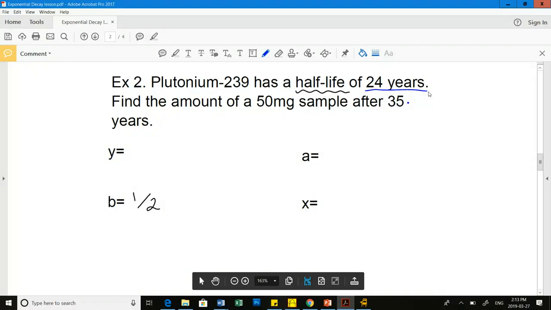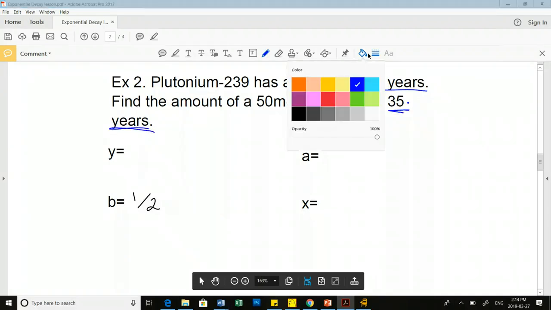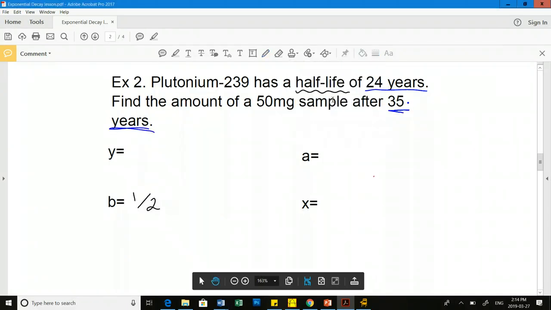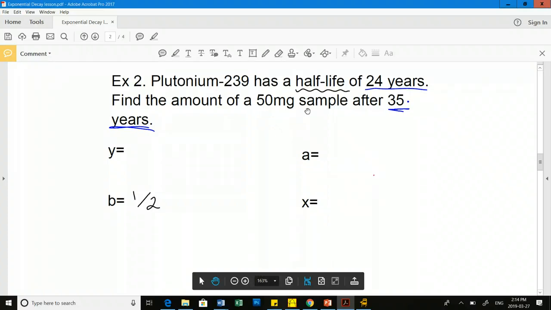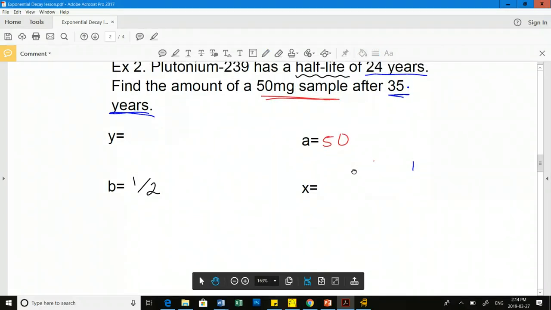Find the amount of a 50 milligram sample after 35 years. That also has to do with x. And then the 50 milligram sample, is that our future amount or our initial amount? Okay, so a is 50. And then x. What's the total time span that we're looking at here? 35.